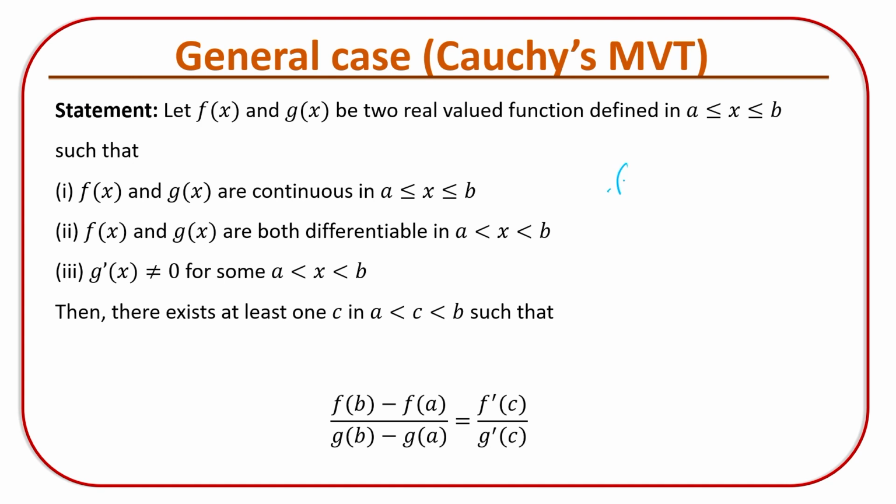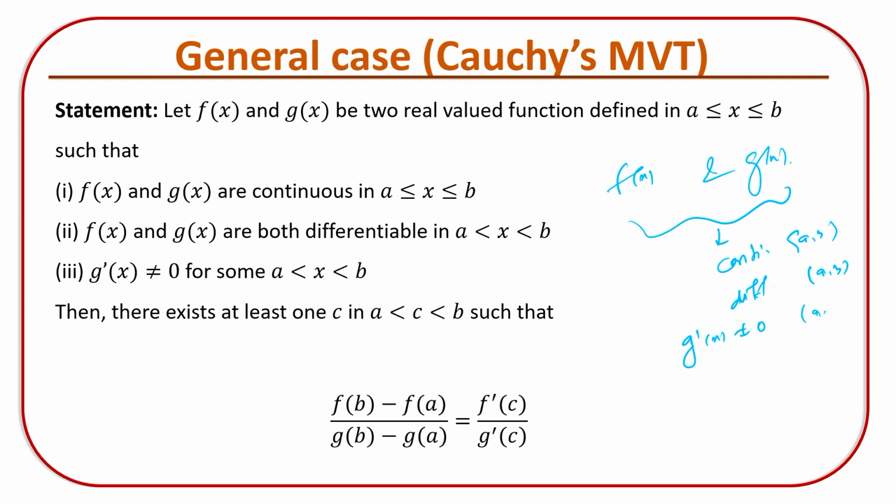So you have f(x) and g(x) as two functions, and both are continuous in a closed interval [a, b] and differentiable in the open interval (a, b), and g'(x) is not equal to 0 throughout (a, b).